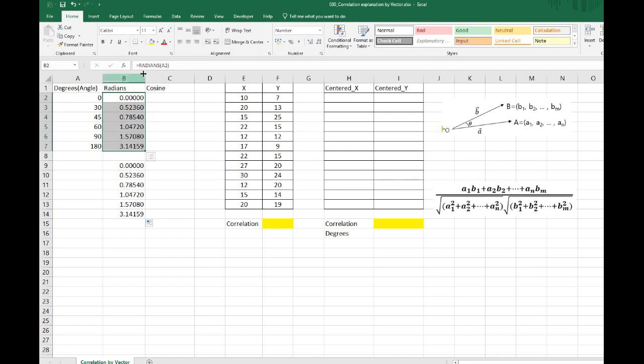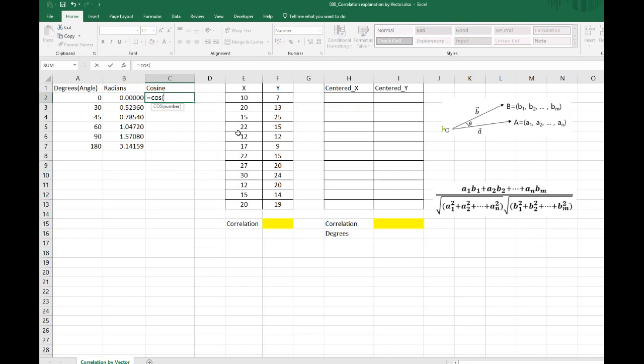So we have the same result here and here. And to get cosine theta, we can use the COS function on the radians. Okay, so you know cosine 0 degrees is equal to 1 and cosine 60 degrees is equal to 0.5.